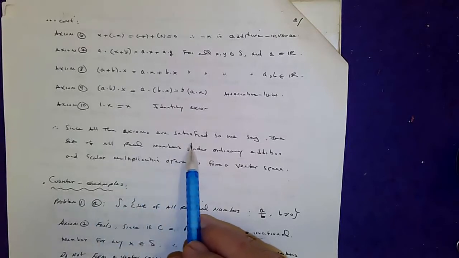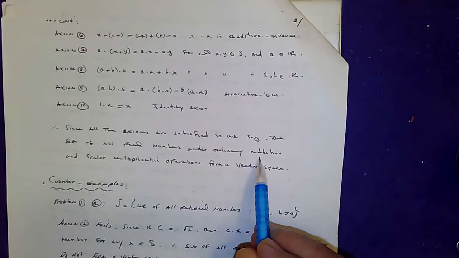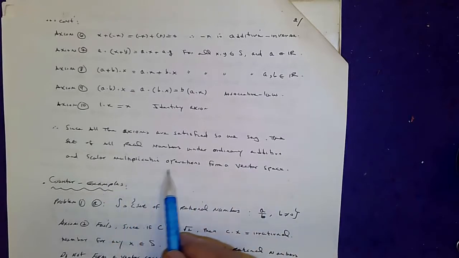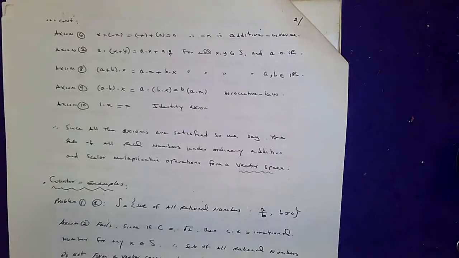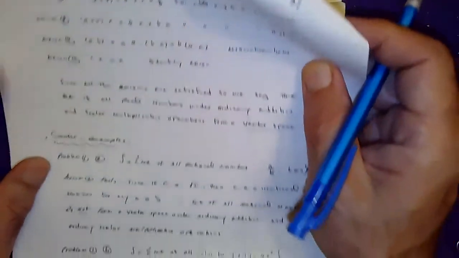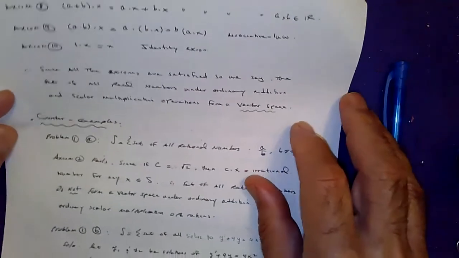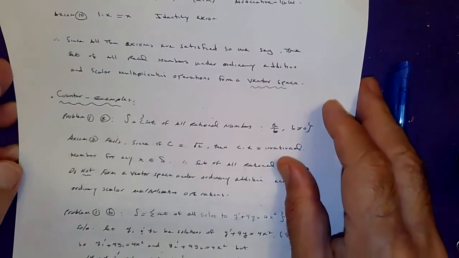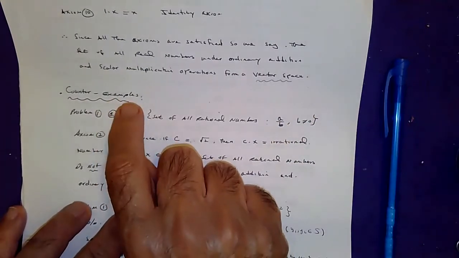Since all the axioms are satisfied, we say the set of all real numbers under ordinary addition and scalar multiplication operations forms a vector space. But keep in mind, not all sets of objects under given operations, namely addition and scalar multiplication, form a vector space. So let's see some counterexamples.